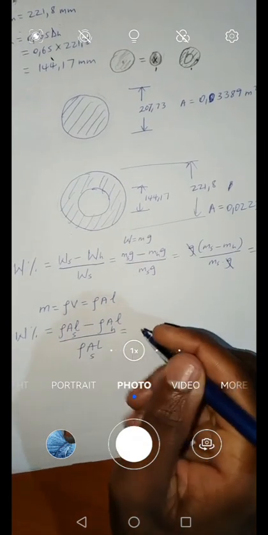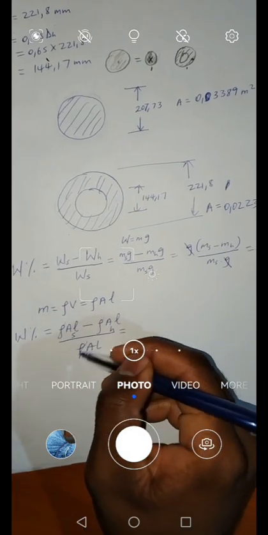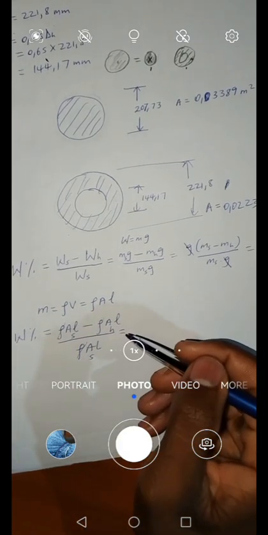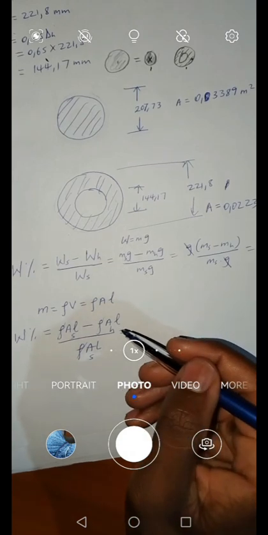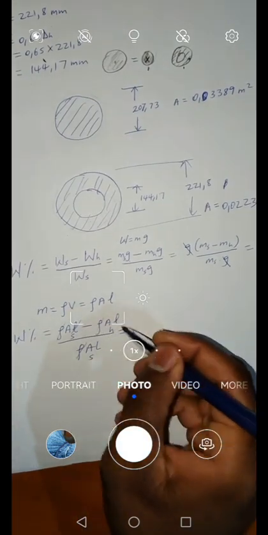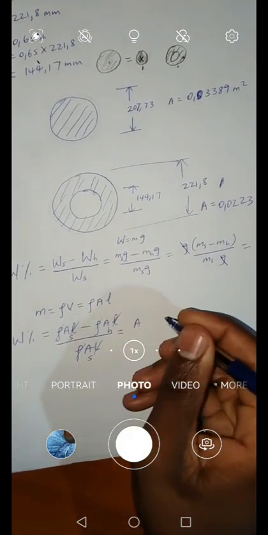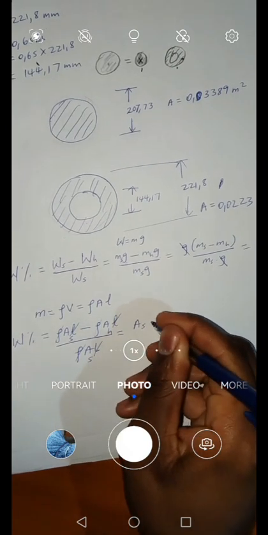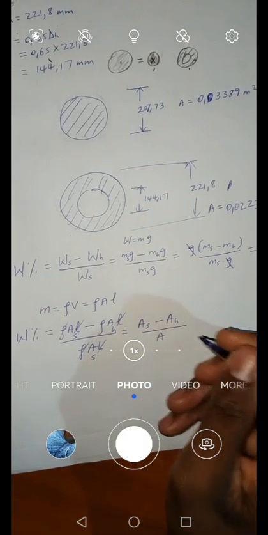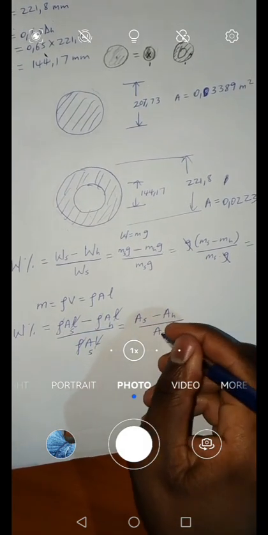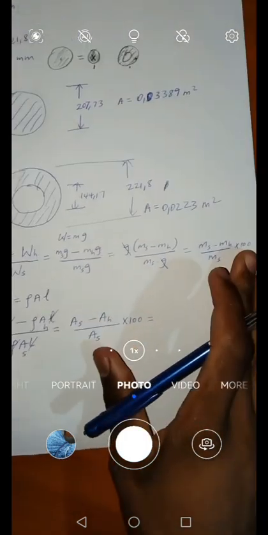Since we've got the same material, density will be the same. You take out density as common factor to divide with this. The length will remain the same as well. The length of the hollow shaft will be the same as the length of the solid shaft. This common factor will divide that one. Then you'll remain with area of the solid shaft minus area of the hollow shaft over area of the solid shaft multiplied by 100.